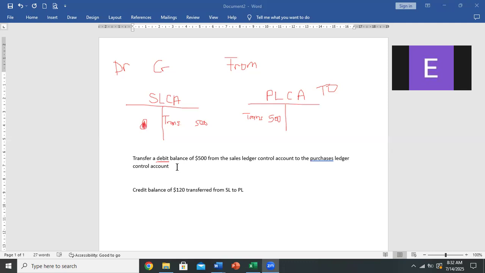Professors, I'm waiting. Who would try the second one for me? Credit balance of 120 transferred from sales ledger to purchases ledger.